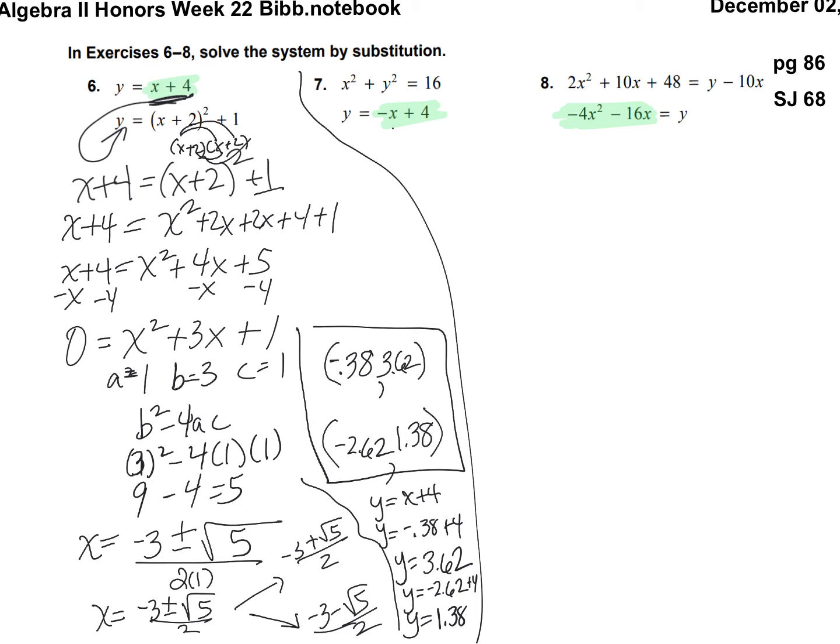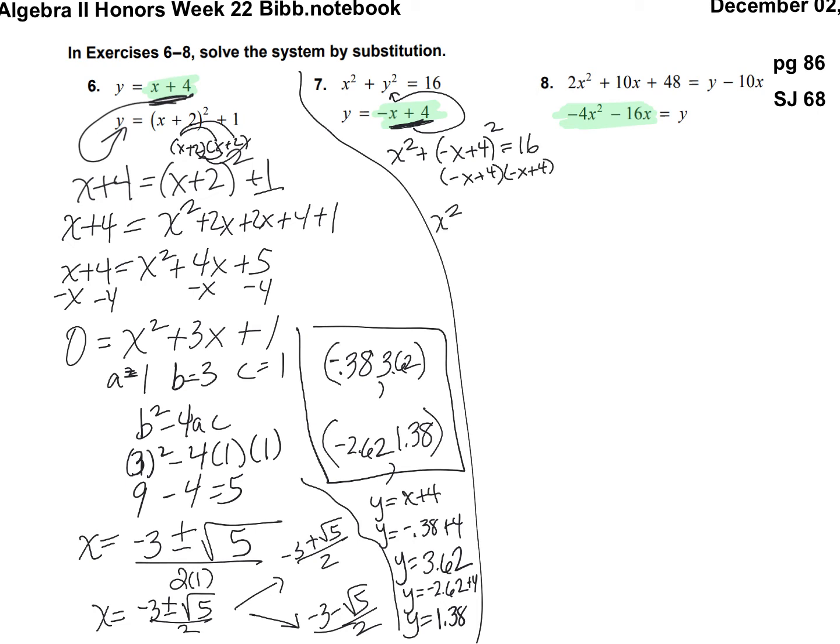Now I'm going to substitute this in for y. I'm going to have x squared plus (-x plus 4) squared equals 16. I'm going to expand this (-x plus 4).